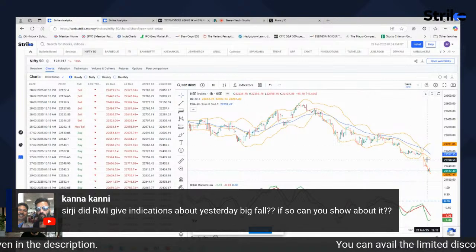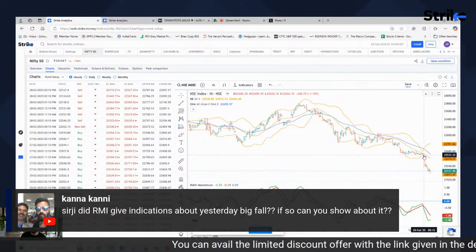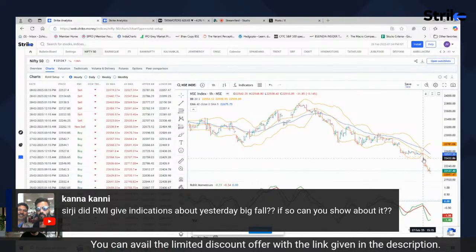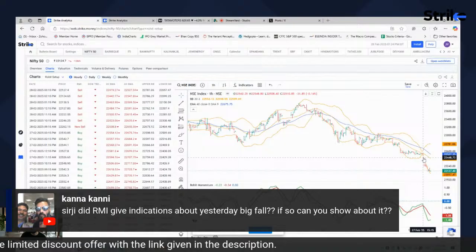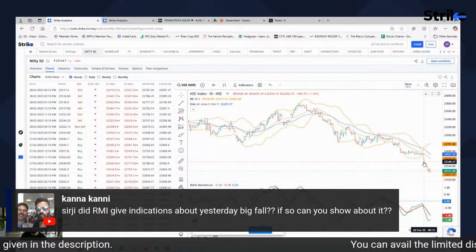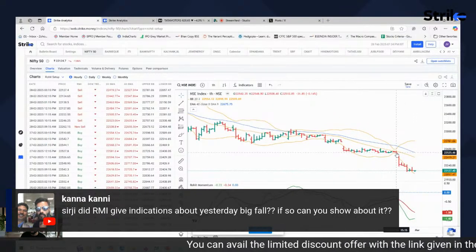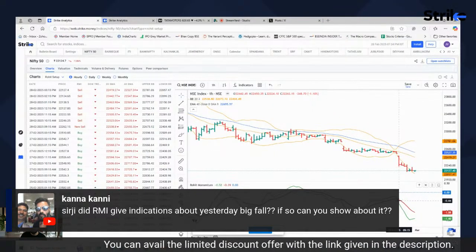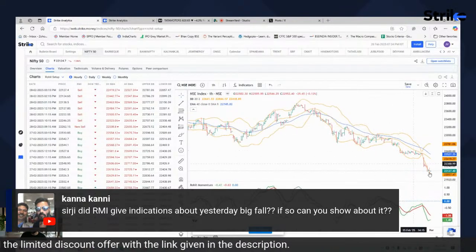So nowhere was it suggesting that there was a bullish trend. In the final hour of yesterday's trading session only, there was a small bearish crossover. In fact, in the morning in the decline it fell, but when it closed over here, it was very close to giving a bearish crossover. Okay, and then the decline happened and then it fell.